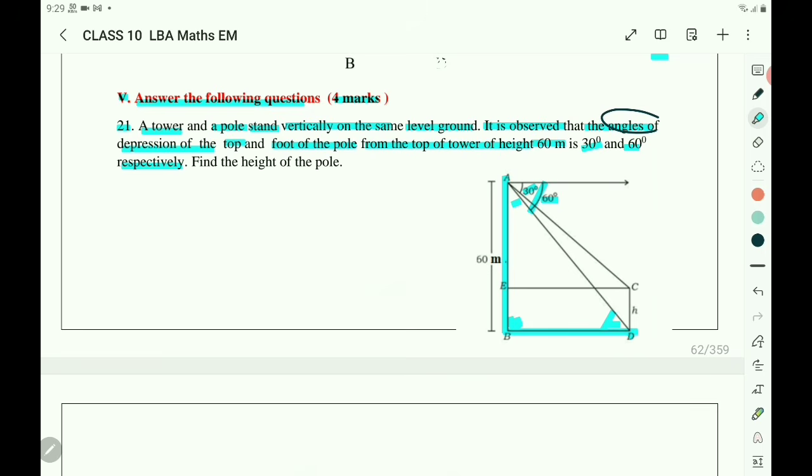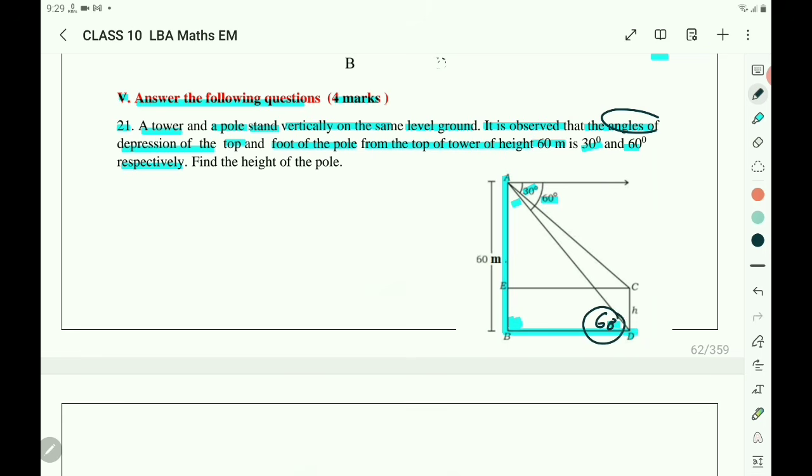This is also 60 degree, because they are the alternate angles made by the transversal of parallel lines, and AD is a transversal. Therefore, angle ADB is 60 degree. By using the trigonometric ratio, we have to find out the length of BD.